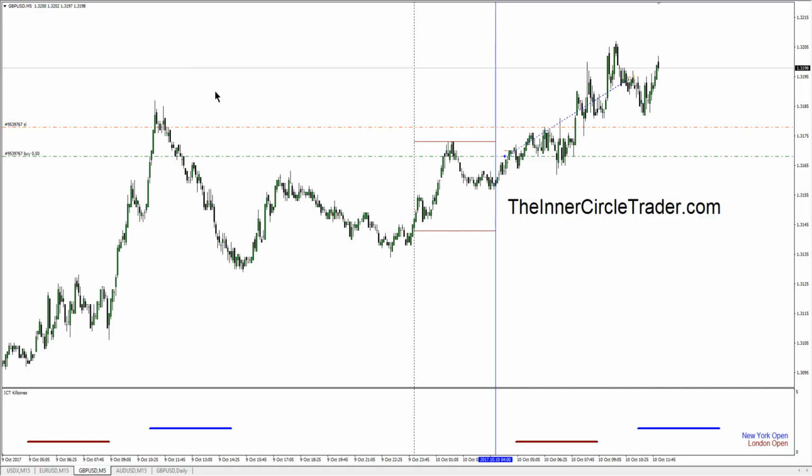Now, as a go-to rule of thumb, I teach that 10 pips and 20 pips is the usual grade of sweeping above or below a previous day's high. Okay, and we're going to look at that real quick.